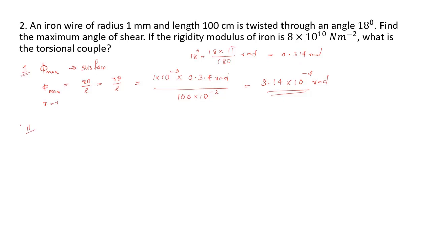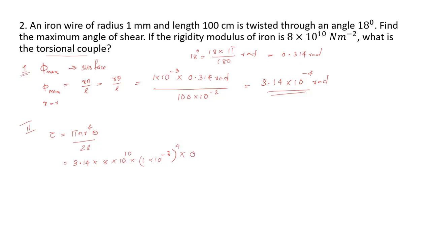The second portion of the question is asking you to find the torsional couple. So the torsional couple tau, we have an equation, and it is pi n r to the power 4 theta divided by 2l. Let's substitute. Pi is 3.14 into n, and that is the modulus of rigidity. It is given as 8 into 10 to the power 10. Radius, it is 1 into 10 to the power negative 3 whole to the power 4.